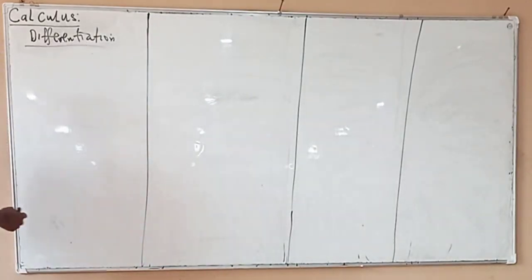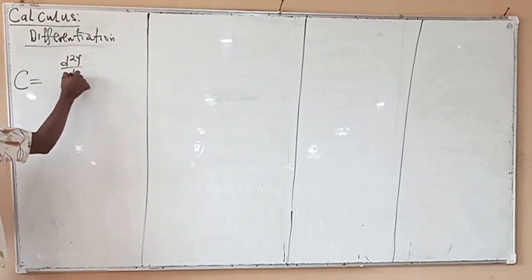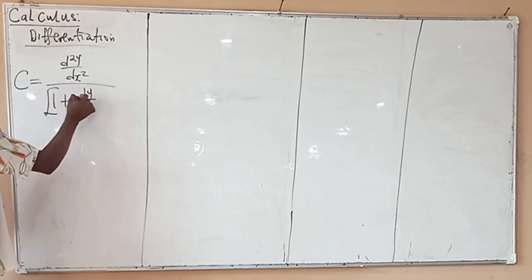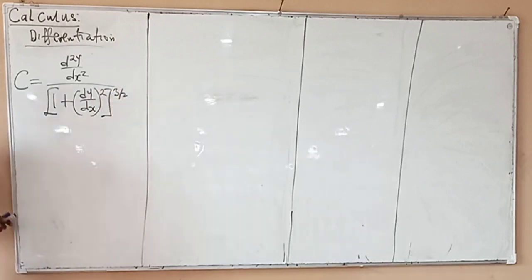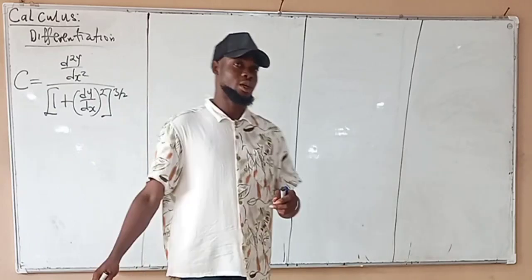Now, the curvature of a curve can be obtained by the relation C is equal to d squared y over dx squared, over 1 plus dy over dx squared, everything to the power 3 over 2. This is how we get the curvature of a curve.